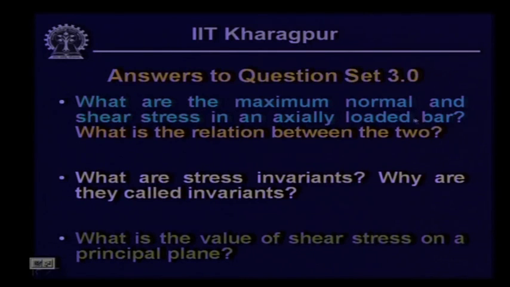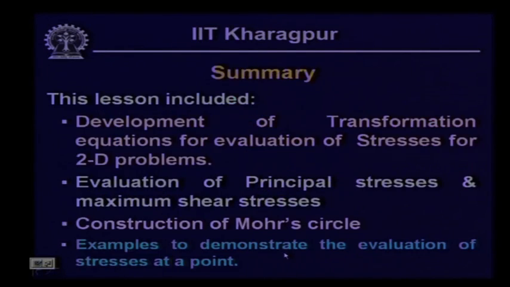The first one is maximum normal stress and shear stress in an axially loaded bar, which we know as P by A is the normal stress and P by 2A is the shear stress, and thereby tau, the shear stress, equals sigma by 2, half the normal stress. Stress invariance we have discussed today, and the value of shear stress on principal plane is 0.